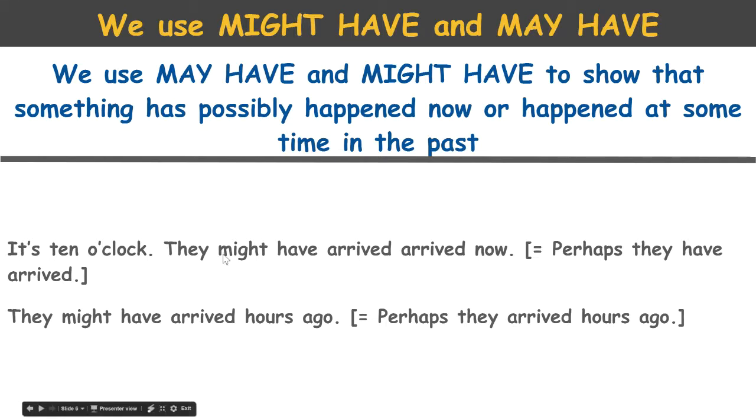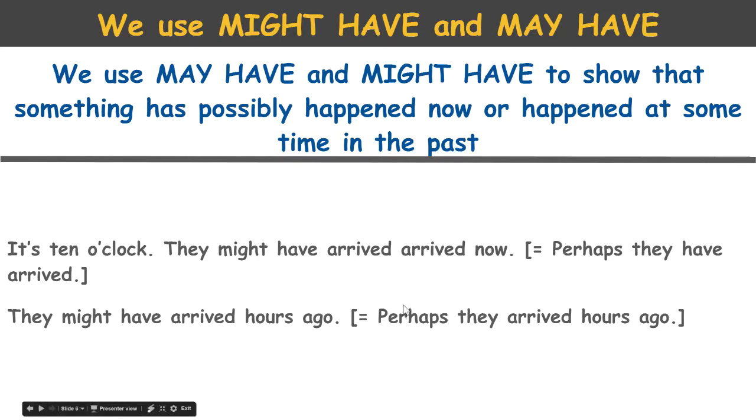They might have arrived now." So that means he says they have already arrived. It has the same meaning as perhaps. Why perhaps? Because you're not sure. So you say, "Hey, perhaps they have already arrived." I'm not sure, because the train is supposed to be here at 10. It's 10:05, so they might have arrived now, but you're still not sure. You have to take a look.